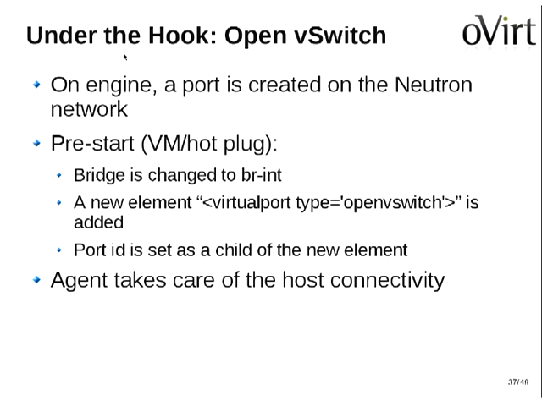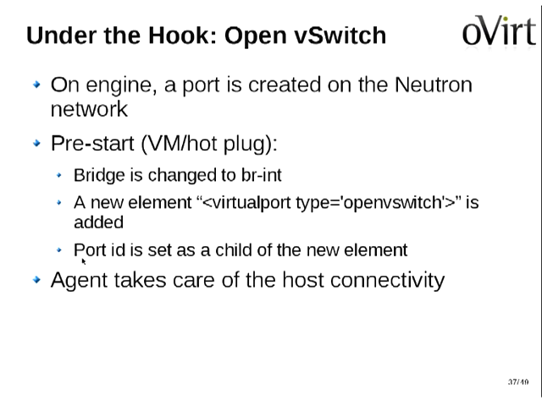But in OVS, it's simple. You just connect to the integration bridge, right? You say, okay, let's connect to the integration bridge. The agent will do the rest because we already defined the port, and the agent should know how to handle it. And we just add this element in the libvirt XML that says virtual port type Open vSwitch, right? So this tells it, hey, this is an Open vSwitch bridge, not a regular Linux bridge.